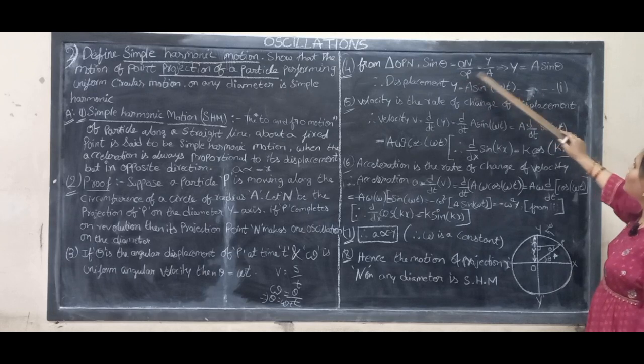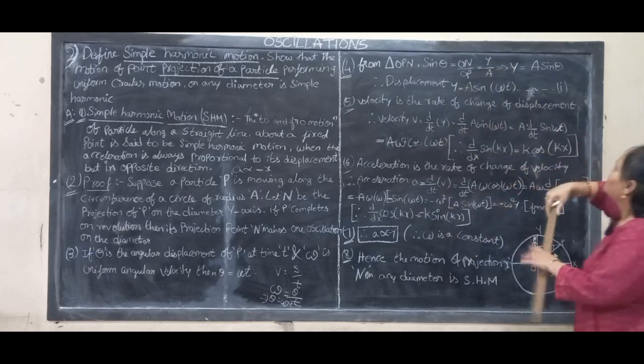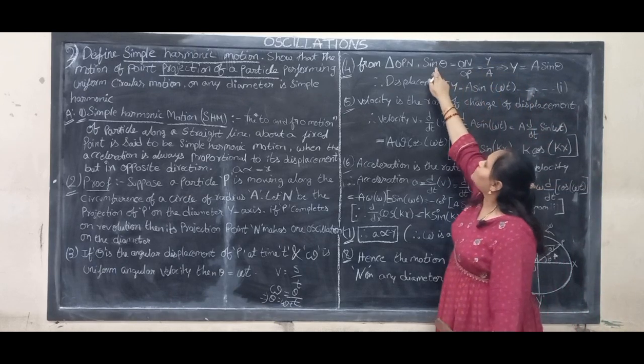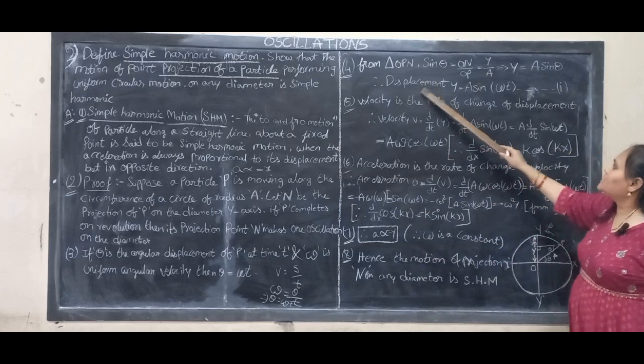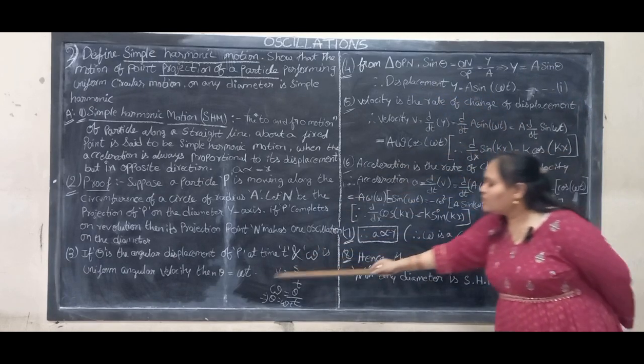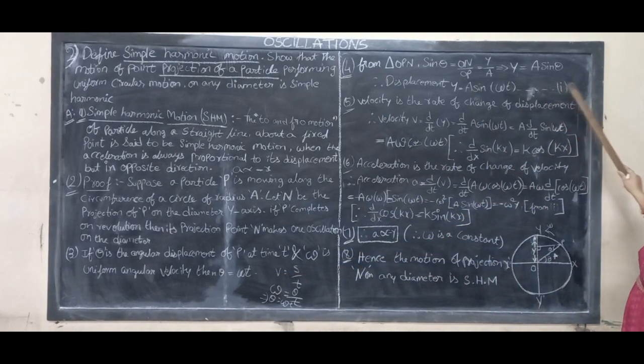And OP అంటే a, the radius. So from this, y by a equal to sin theta కదా, y equal to a into sin theta. So displacement y equal to a sin theta, theta అంటే omega t వచ్చింది కదా. Then substitute: y equal to a sin omega t. That is equation number 1 అన్నమాట.